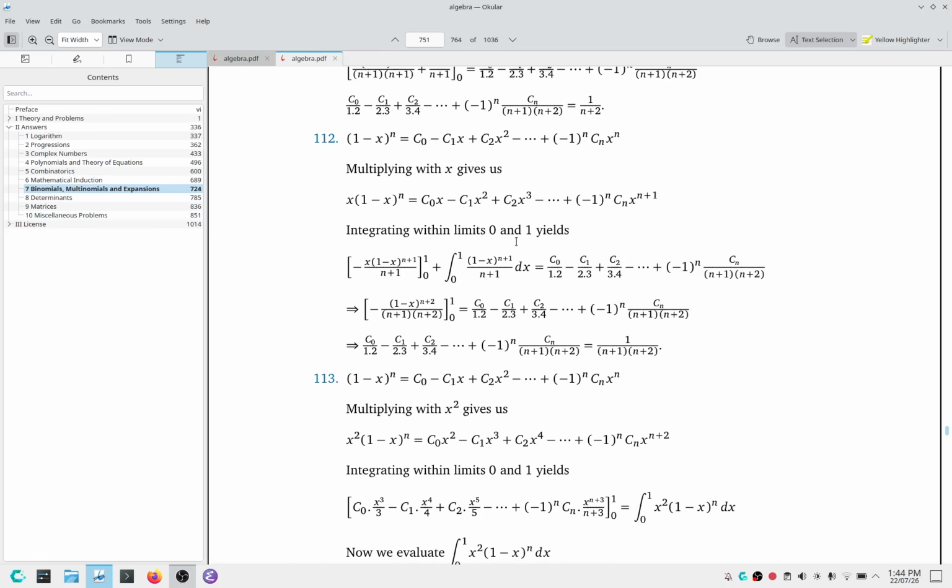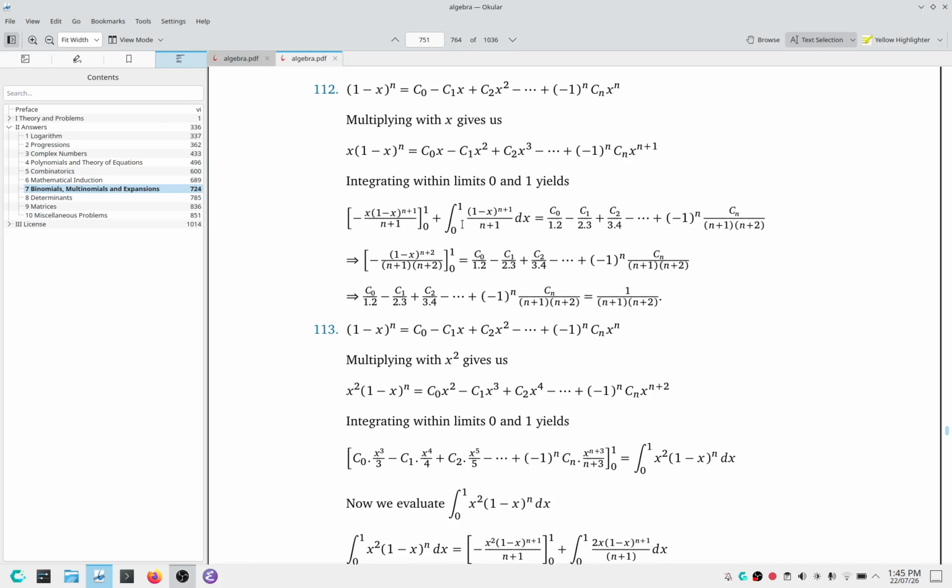Integrate within limits 0 and 1. It becomes x times 1 minus x to the power n plus 1 upon n plus 1 plus the integral with limits between 0 to 1 of 1 minus x to the power n plus 1 upon n plus 1 dx. And our right hand side, we put limits 0 and 1, it becomes C0 upon 1 times 2 minus C1 upon 2 times 3 and so on.